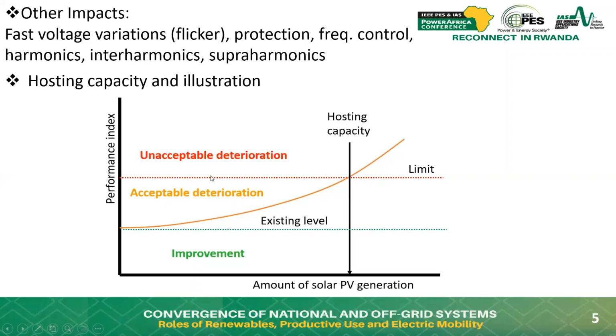And then we have got a limit that has got to be adhered to. So once we meet this limit, then we find the maximum amount of solar PV generation in that distribution network, which is known as the hosting capacity.